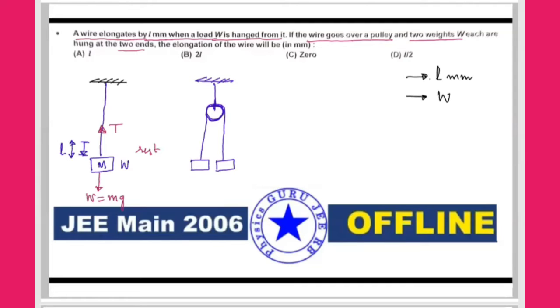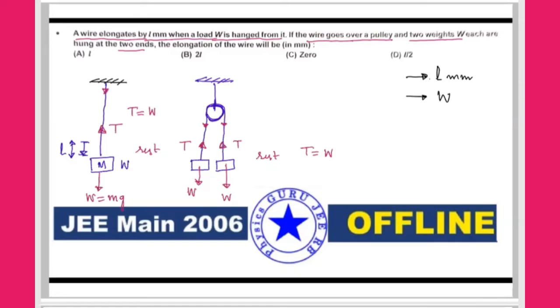Now the weight acting downwards is W on both sides, and tension T acts upward. Of course, it is at rest, so the condition for rest is that T should be balanced by W. So T is equal to W in both cases.